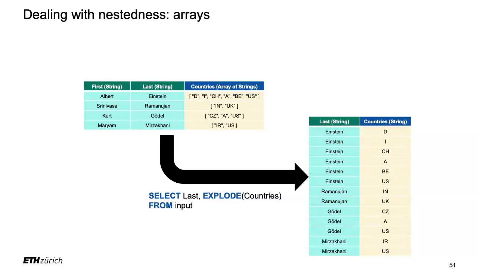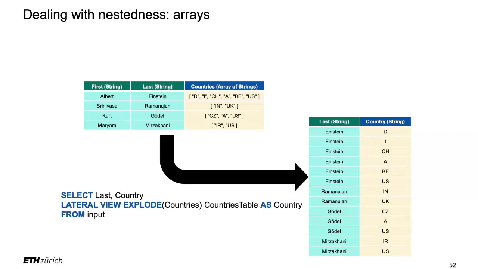So from a language design perspective, it itches a little bit, but it does the job. Now, this is the simple case. In more complex cases, you actually would use lateral views to do the same thing. So you say select last and country, lateral view explode countries. It's as if it was creating a table on the side with the exploded content and then joining it back, right?